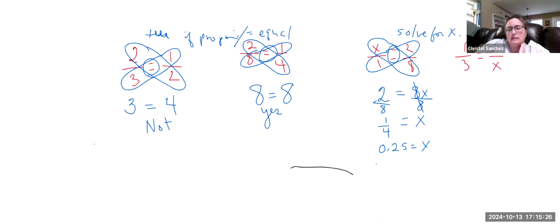Okay, so now let's do the next one. Okay, so remember, since it is a ratio, and we know it's a ratio because it's got the equal sign, we're going to cross multiply. And again, it doesn't matter which side you multiply first. So 1 times x is 1x.